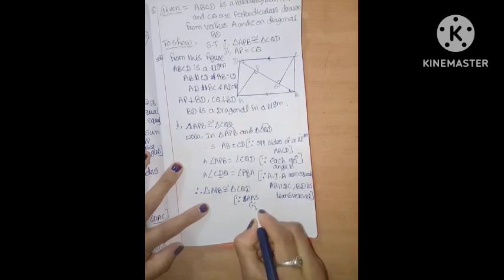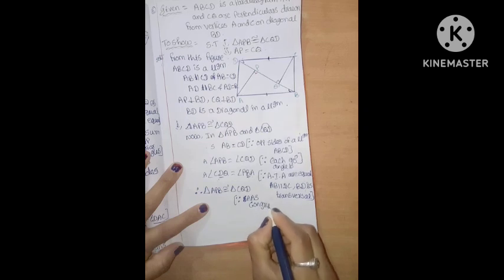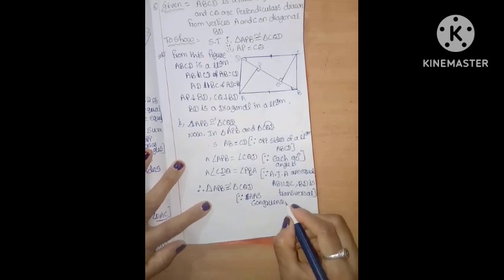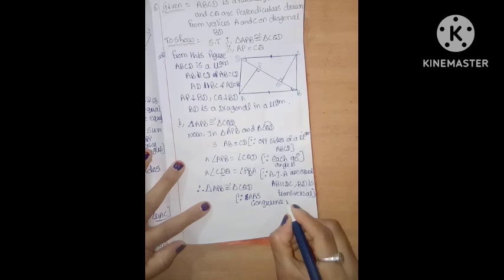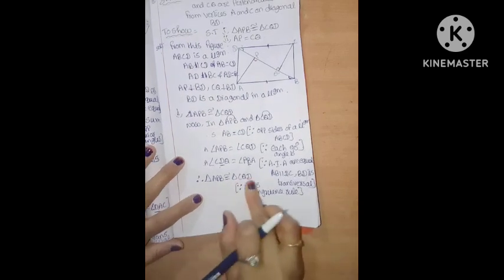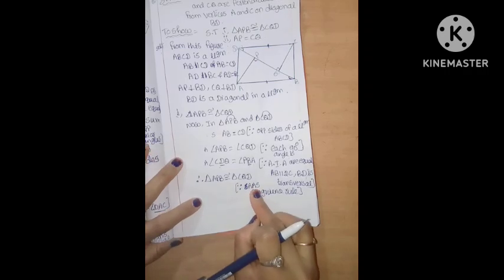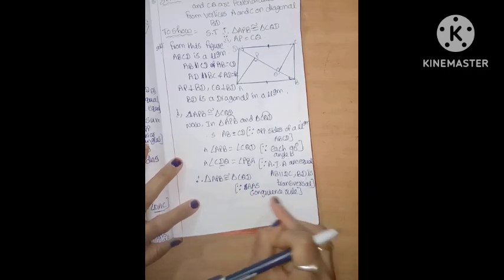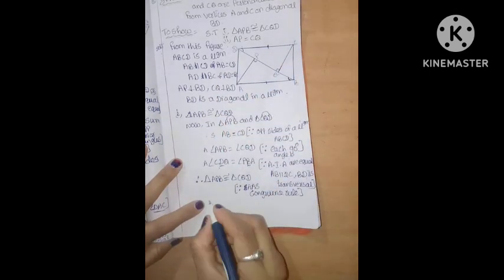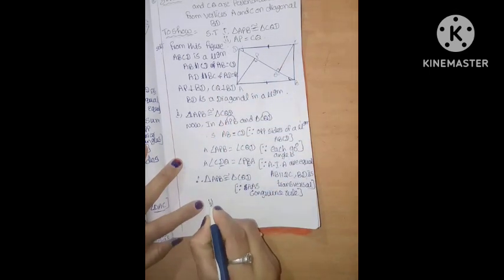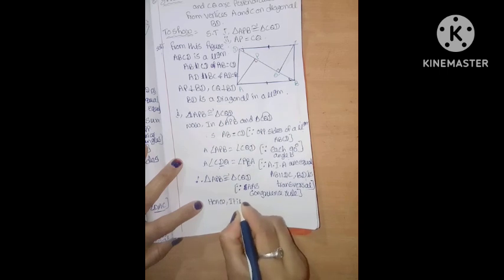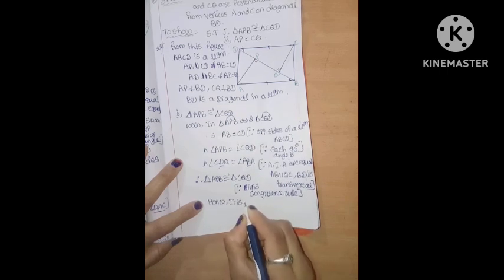From the AAS congruence rule, these two are congruent. Hence it is proved. Are you clear? First question, it's over.